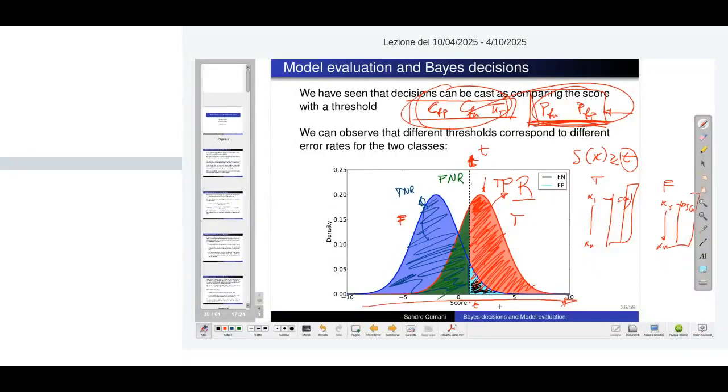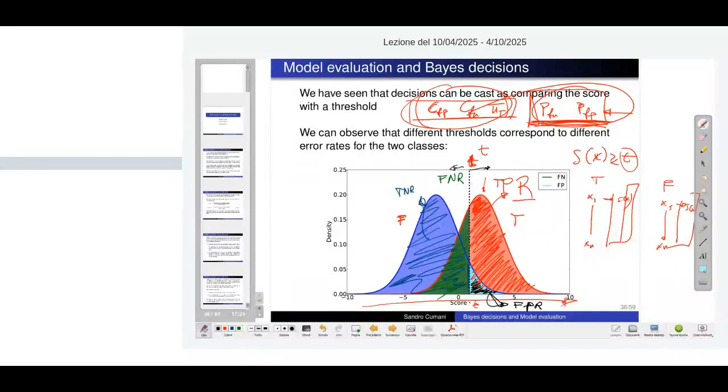This part here is negative class predicted as true, so it is the false positive rate, because it's normalized, because the area of the histogram is 1. So we can see that as we move the threshold, the two error rates change.